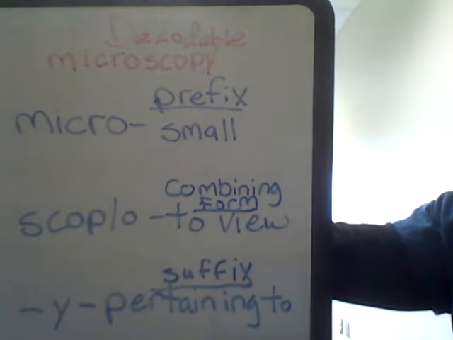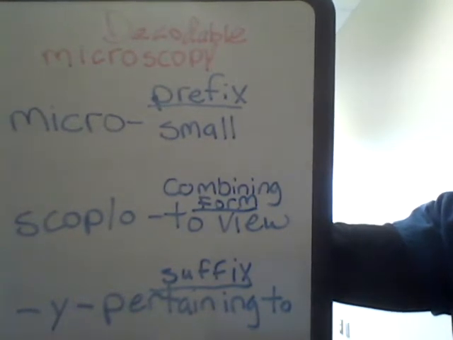We will run into terms which aren't decodable. Cataract, for example, isn't a term that can be broken down.